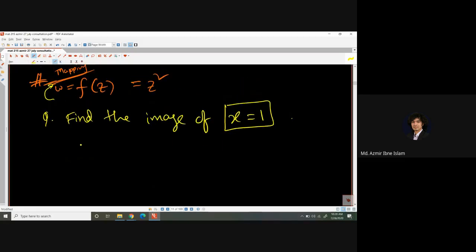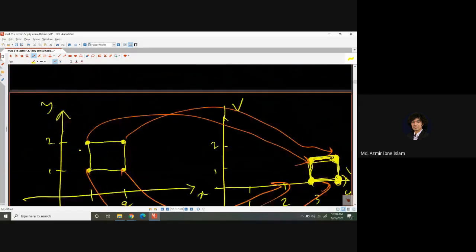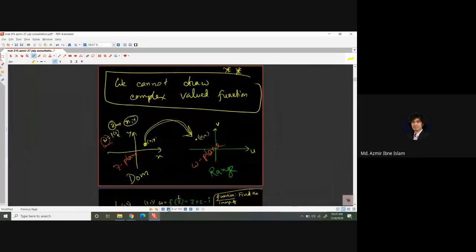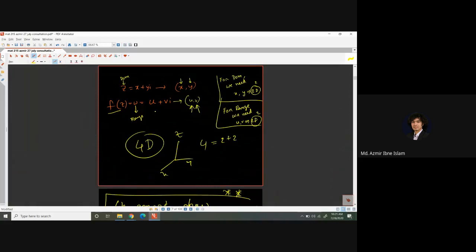So you know that any complex valued function f of z can be written as u plus vi. That means input is rectangular, input can be in this form, x plus yi. Output can also be of the form u plus vi.